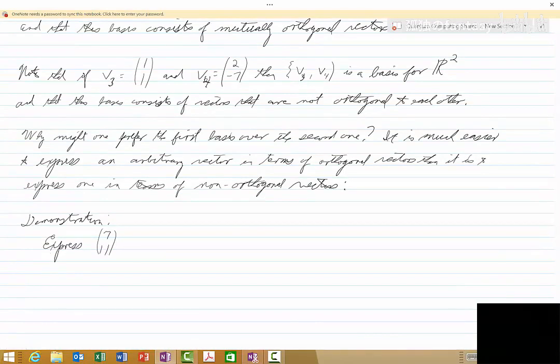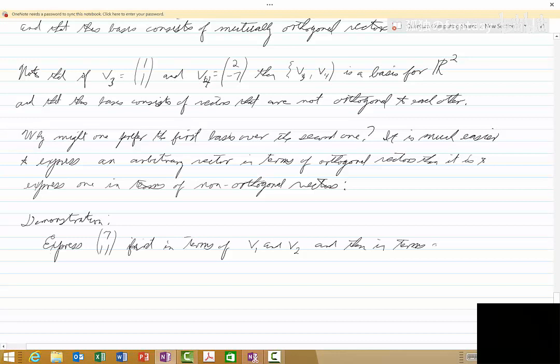But express 7, 11 first in terms of V1 and V2, and then in terms of V3 and V4.